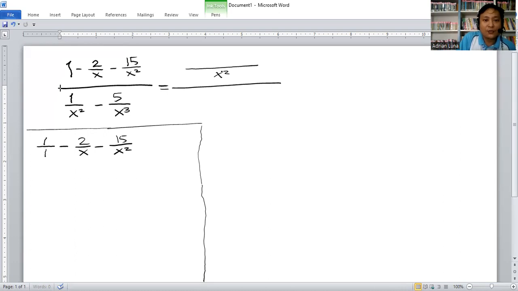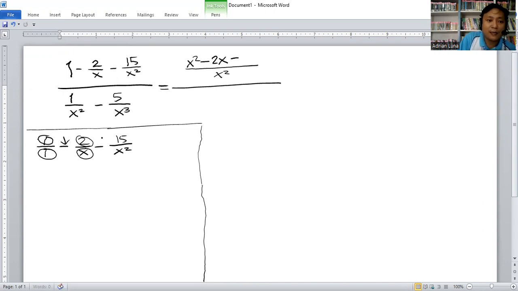So LCD, x squared divided by 1 is x squared. Yung quotient niya, multiply ng numerator, which is 1. X squared times 1 is equivalent to x squared, minus, kasi minus 2. Then LCD ulit, divided by x. We have x squared divided by x is x, times the numerator, x times 2, that would be 2x.